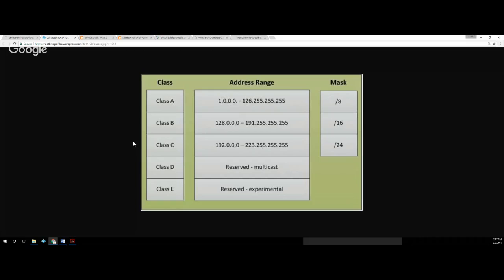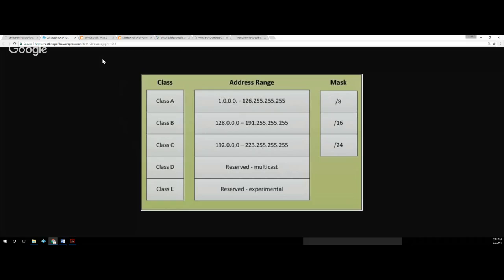And .x is usually how we'll say it because it doesn't matter what the next 2 numbers are. It could be 0.0, 0.1, 0.2, all the way up through something like 254.254 or 255.255. It doesn't even matter, but the 169.254 part matters a lot.